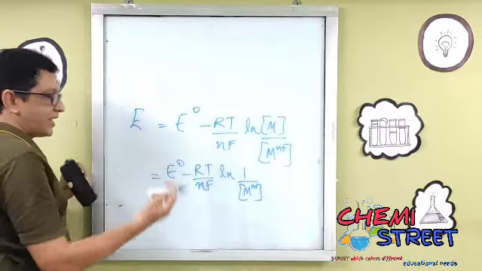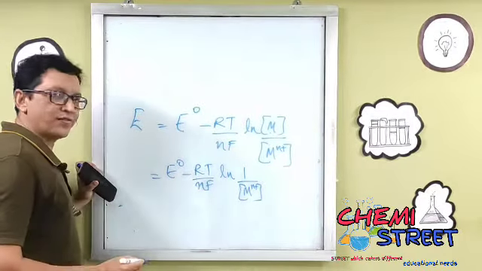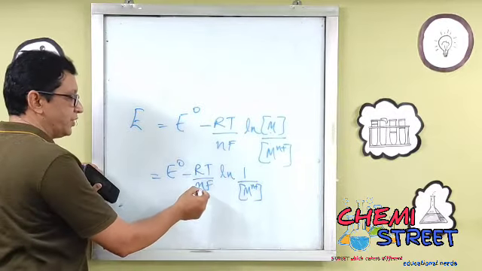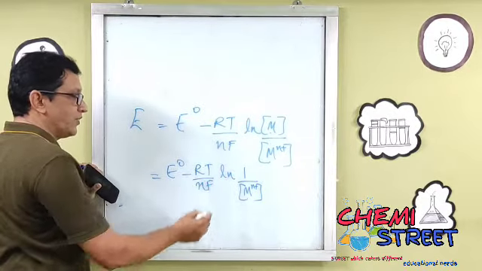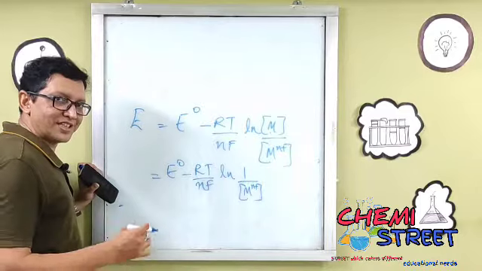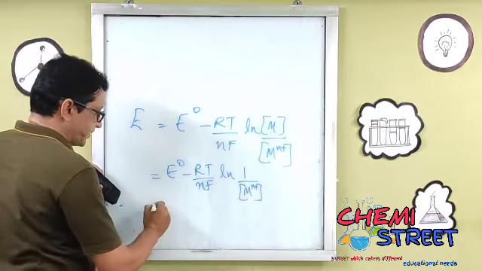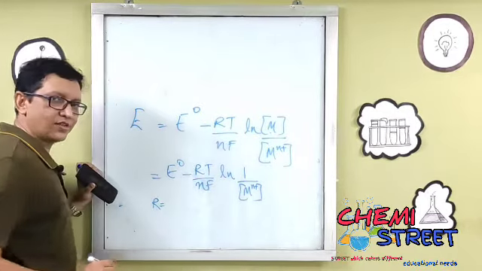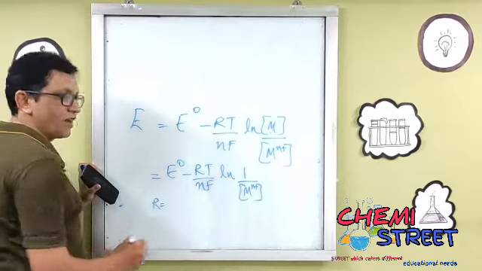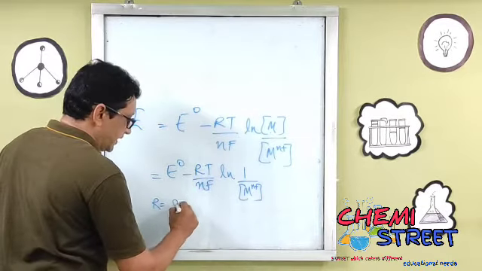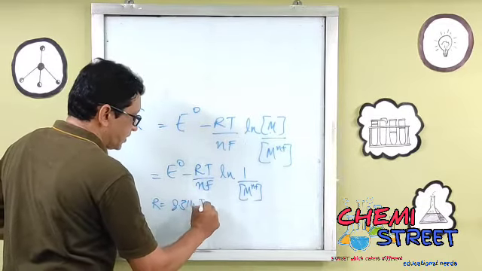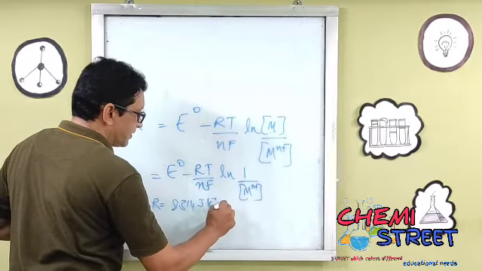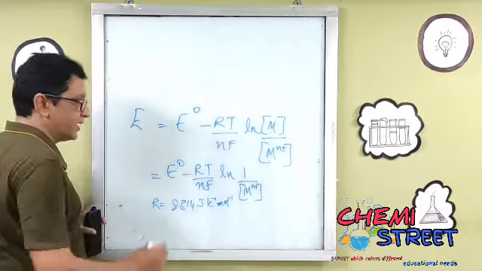So here again we are rearranging this particular equation. You know the value of R, you know the value of T, you know the value of n, and you know the value of F. Shall we rearrange the equation or shall we simplify the equation? Shall we write down the value of R, the universal gas constant? It is 8.314 joules per Kelvin per mole.